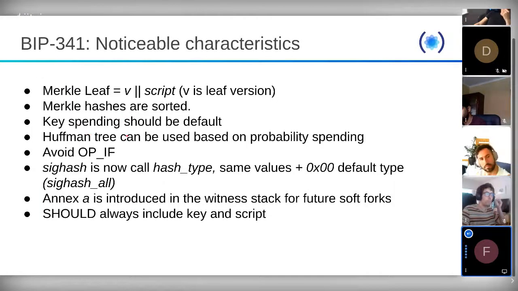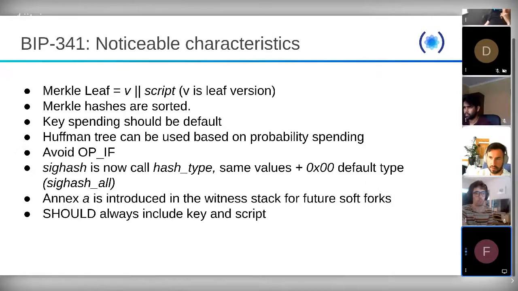A Huffman tree is where not all the leaves are at the same depth. So you can say, for example, the first leaf is depth 1, and then leaf 2 and 3 have depth 2 because they are together on the second branch. But this doesn't mean that you change the order of the leaves, right? It's just that you choose the depth.